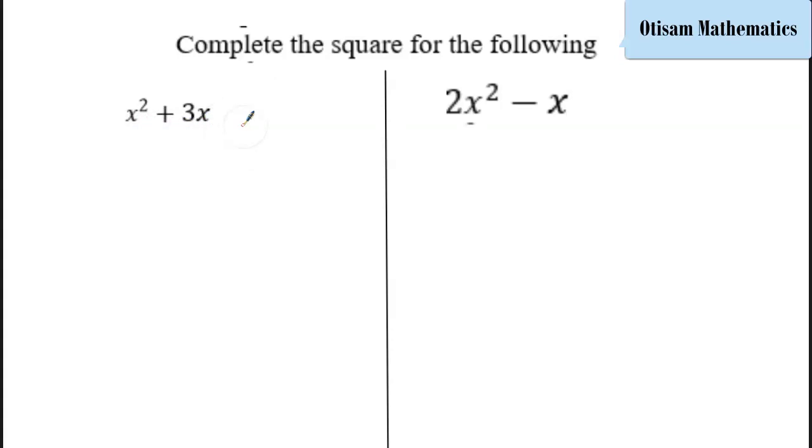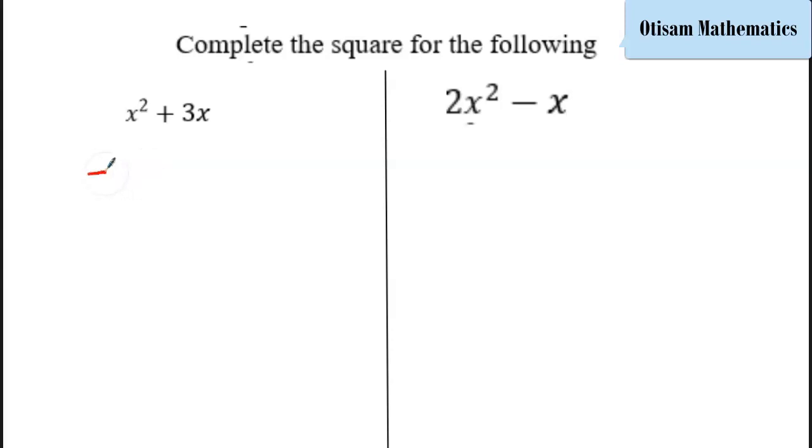x squared plus 3x. Now to complete the square, the coefficient of x squared must be 1. When that is done, you come to the second term. You take half of the coefficient of the second term.